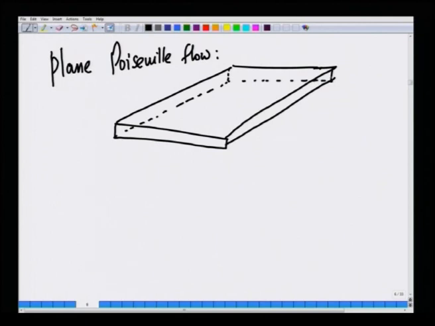The distance between the two plates, the gap width, let us call that 2b. Let the length be L and let the width be W, and fluid is flowing in this way.